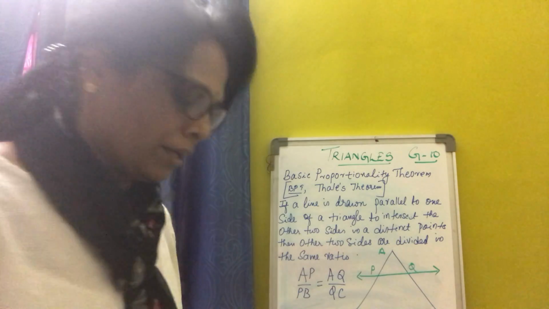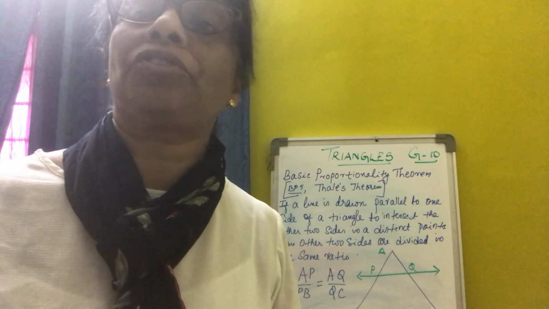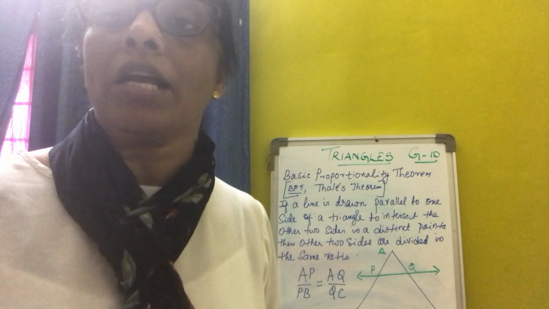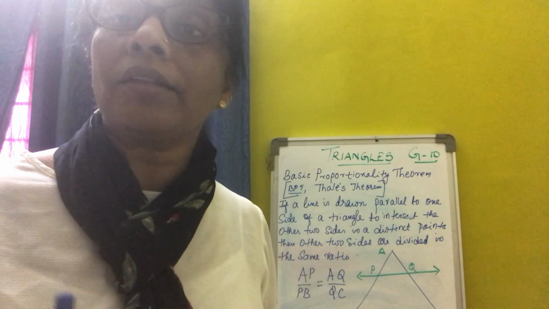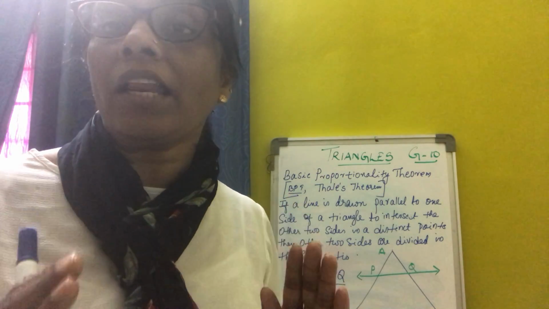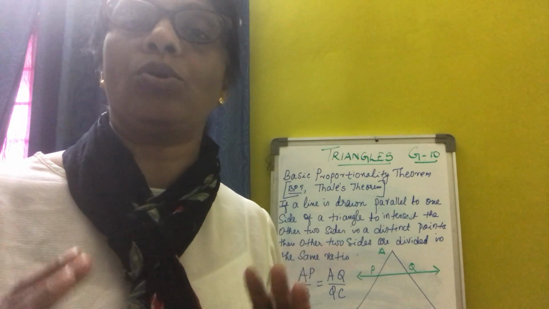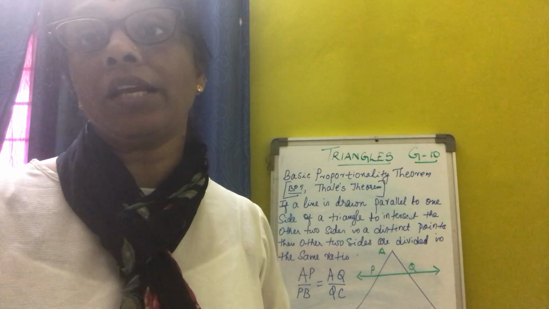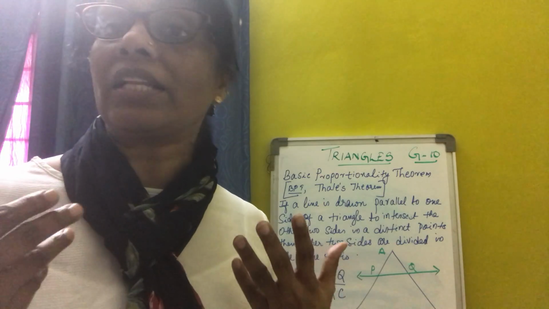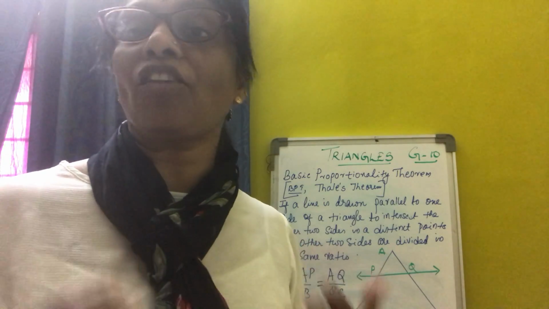I hope you are remembering. So the basic application of this theorem, as I told, is the area of a triangle, which is half into base into height. Now my question is, where is the height and which triangles do we have to take for applying the area of a triangle?